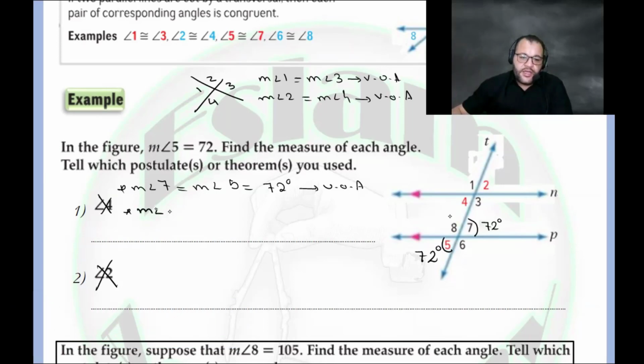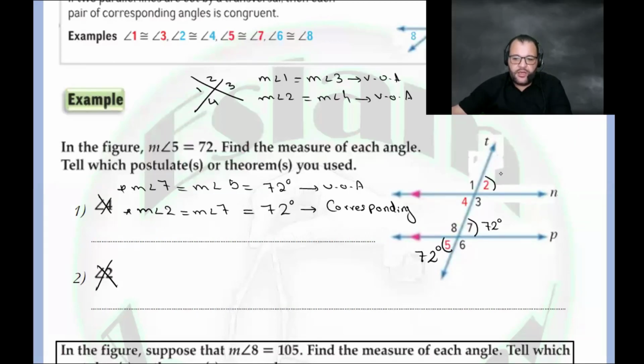The measure of angle 2 equals the measure of angle 7 equals 72, because they are corresponding. So now we find the measure of angle 2, which is 72 degrees.